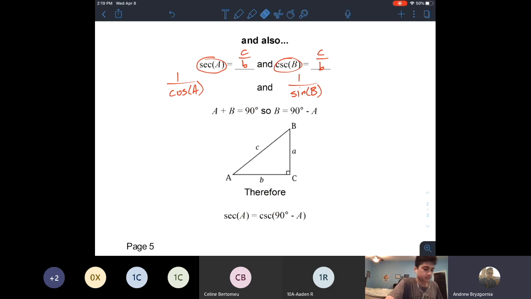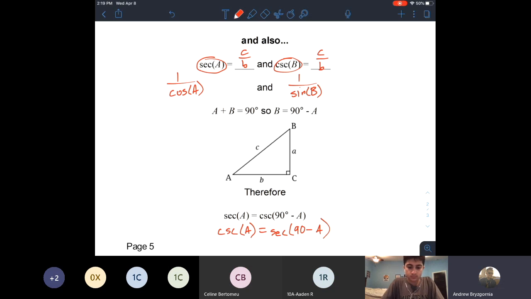I should have mentioned this earlier, I suppose, but if you were wondering, this is also true. If we were to switch secant and cosecant, we still can say the same thing. And that's true for the other two equations I showed you. So you could switch sine and cosine, that's still going to be correct.